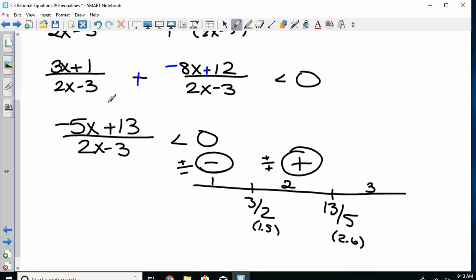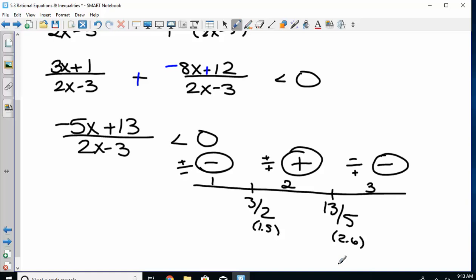If you put in a 3, you get negative 15 plus 13, which is negative. 6 minus 3 is positive, and negative divided by positive is negative. You guys still have the option, check it real quick on your calculator if you like. A couple different ways to get your answer, and just make sure you're on the right track.